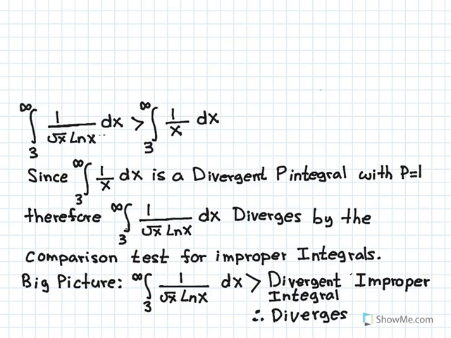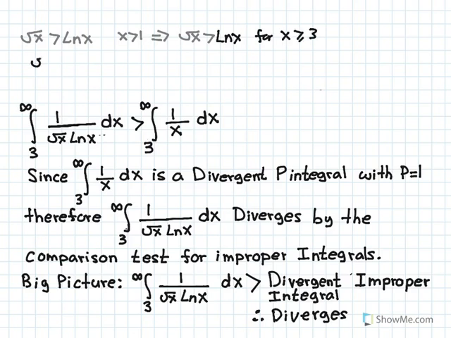Alright, so let's start with the fact that root x is larger than log x for x larger than 1. So definitely root x is larger than log x for x larger or equal to 3.